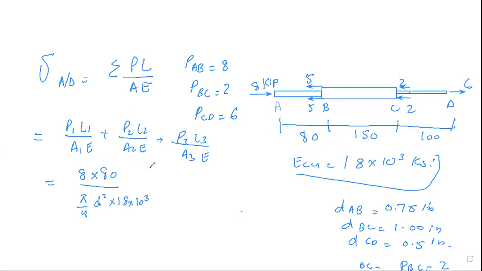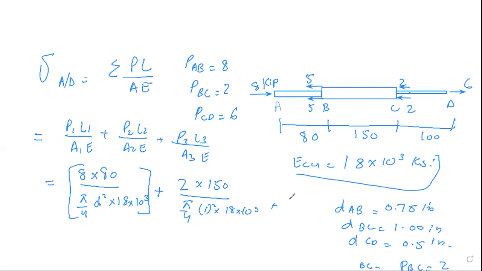This is for the first one. Then plus 2 into 150 divided by pi by 4 times 1 squared into 18 into 10 to the power 3.